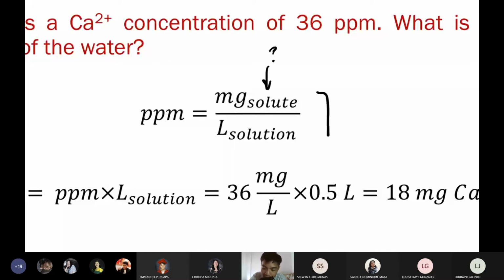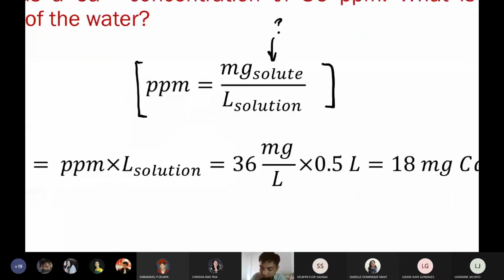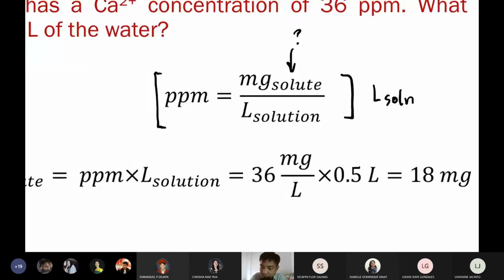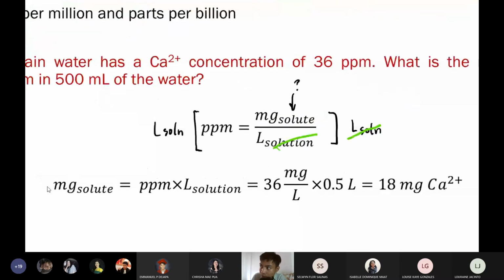Okay, so we have to rewrite the equation. We multiply both sides by liter of the solution para mag-cancel out ang dalawang terms. Okay, cancel. So you will have milligram of solute equals ppm times the liter of solution. By the way, ang unit for ppm ay mg per L lang din.